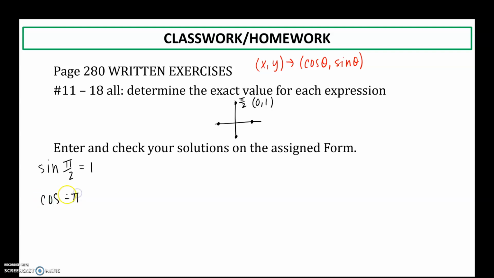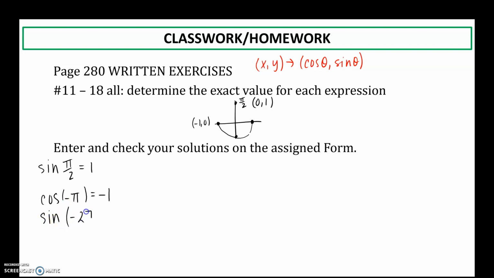If I asked you for the cosine of negative pi, okay, well, I start here. If I were to rotate in the clockwise direction, pi radians, it would put me at positive pi. My ordered pair over there is negative 1, 0. So the cosine is the x-coordinate of that point. So the exact value for the cosine of negative pi would be negative 1.